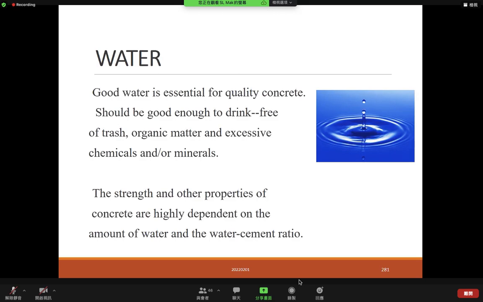Good water is essential for high quality concrete. It should be good enough to drink, free of dust, free of organic matter, and other harmful chemicals or minerals. The strength and other properties of concrete are highly dependent on the amount of water and the water-cement ratio.